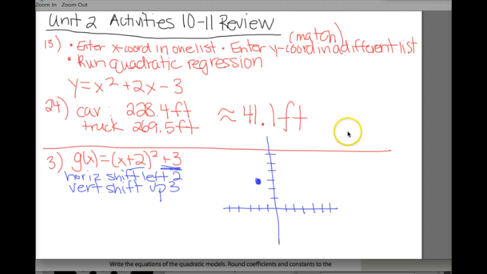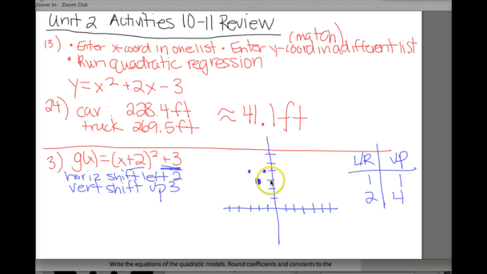After that, remember, it's just parent pattern. From this vertex, I'm going to go left and right 1, up 1. So left 1, up 1, and right 1, up 1. Then I'm going to go left and right 2 and up 4.